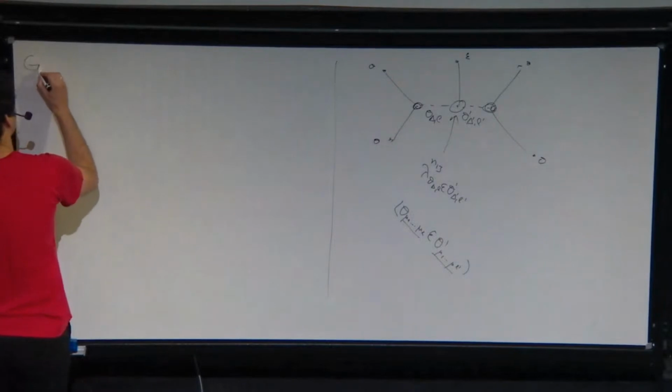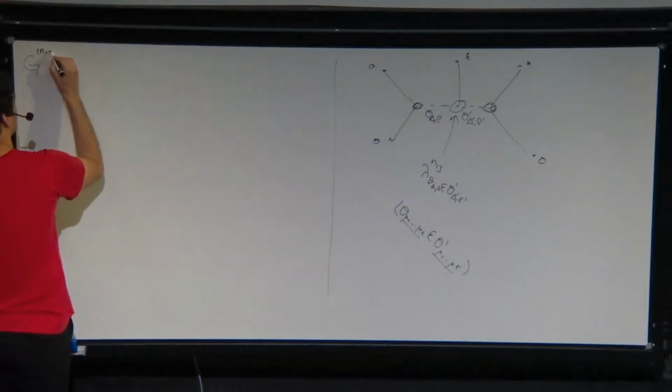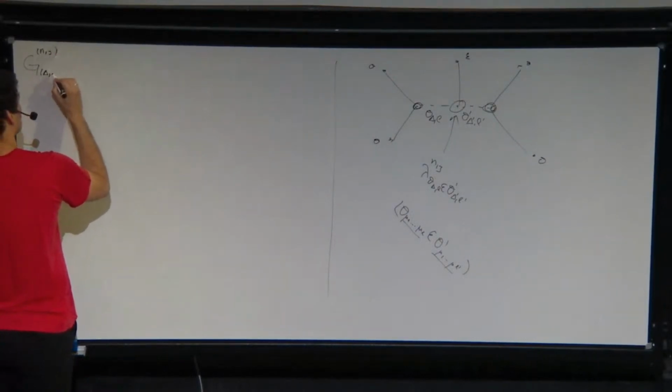So now you write the most generic ansatz for the 5-point conformal blocks in the following way.